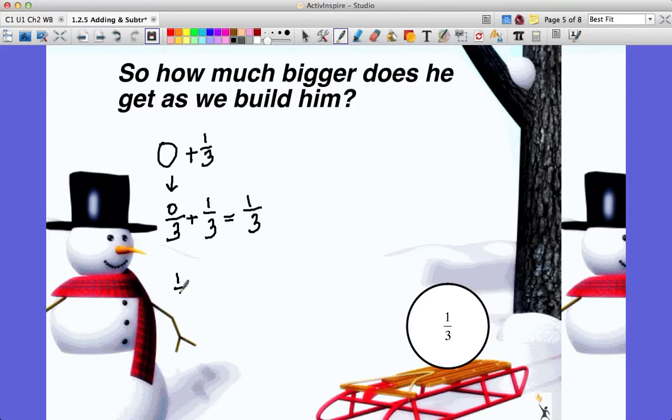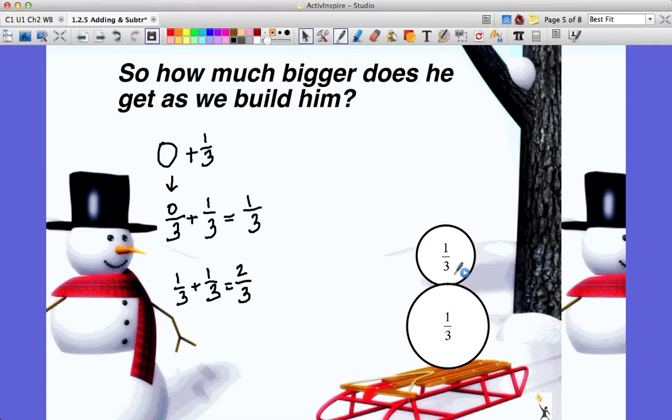Now I have 1/3 of the body, and I'm going to add another 1/3. I'm not adding 2/3. I only added 1 piece, so I'm only adding 1/3. But together I have 2/3 of the body. So 1/3 plus 1/3 gives me 2/3. I'm adding a third each time, and each time the number of thirds that I have goes up.